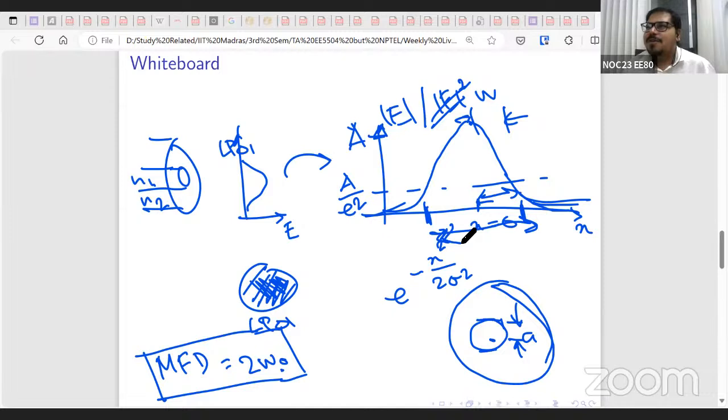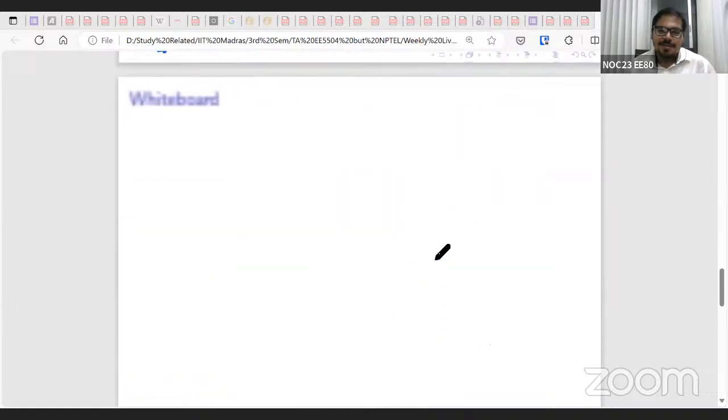The textbook followed is, I think, Ghatak and Thyagarajan, as ma'am has mentioned, but I'll see if other textbooks also cover these concepts. We're not going too much in depth. If you want depth and want to solve numerically, you can.